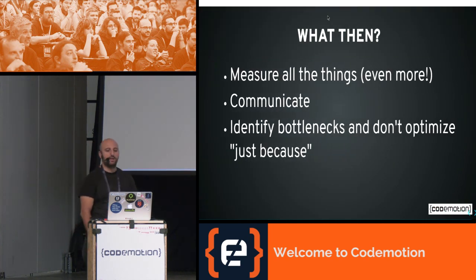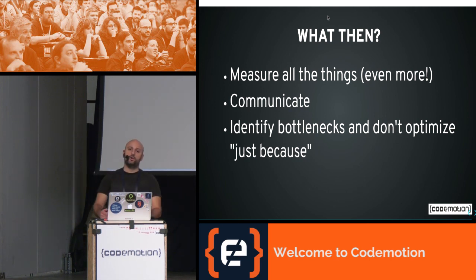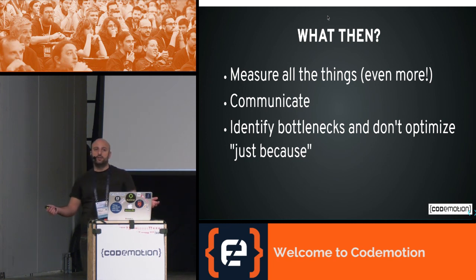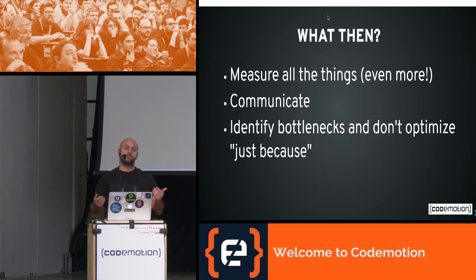So, okay, we still need to measure all the things and determine the metrics that are important to us. But at some point, we may end up in a situation where we can optimize our applications as much as we can, and still our applications are slow. Okay, what do we do then? We just need to communicate. That becomes a communication issue between you and the rest of your team.